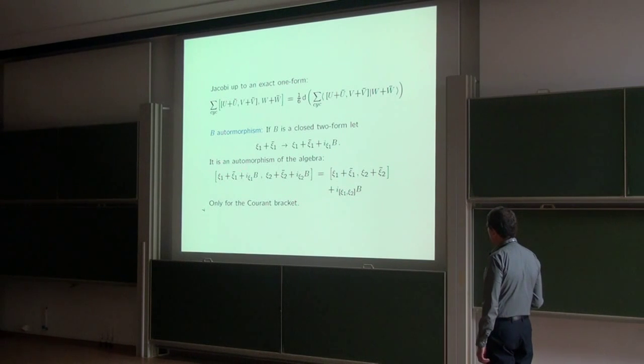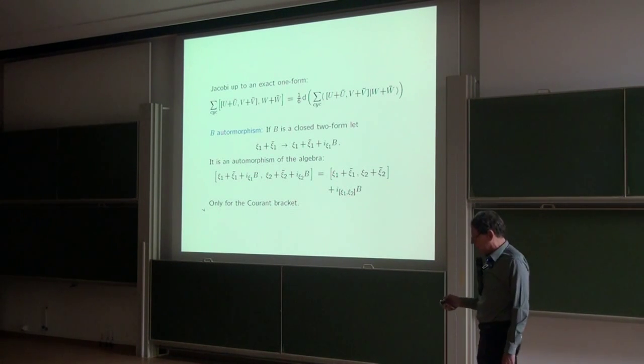And that turns out to be an automorphism of the algebra. That is to say, if you transform the first input and transform the second input, what you get is a transform of the output, which is this quantity. And it only works for the Courant bracket.